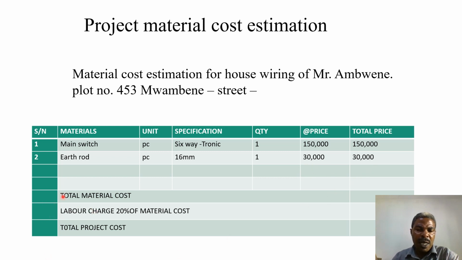So you can have all the required material for domestic house wiring, and you use the total cost to compute the labor charge by using 20% of the material cost. Then you can get the requirement for labor charge, which is our interest.